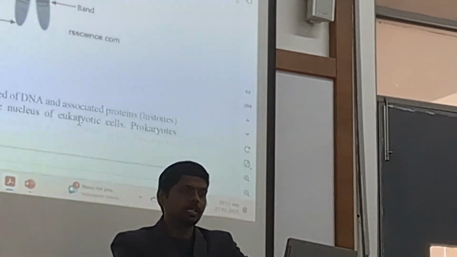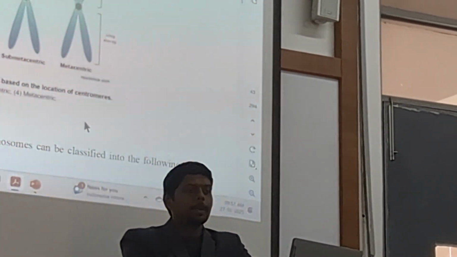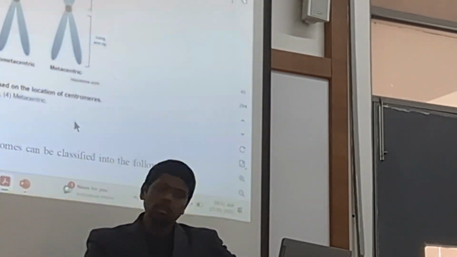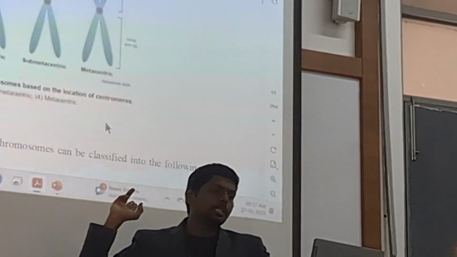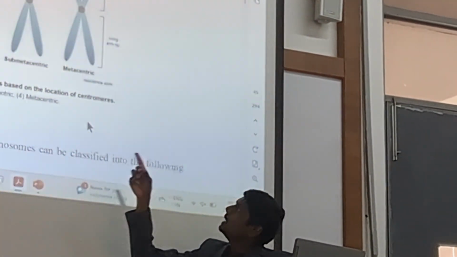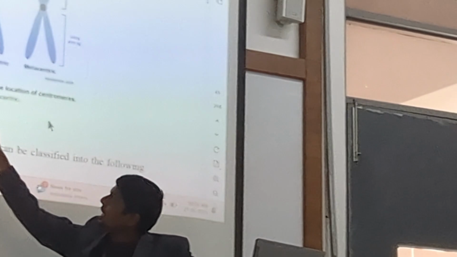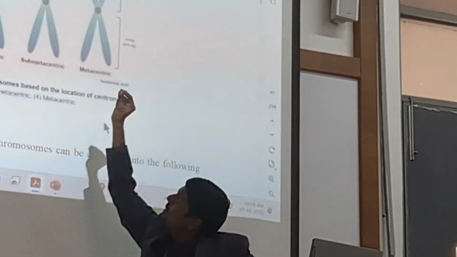I will show chromosomal abnormalities. This is a normal chromosome, you already know. Chromosomes also have various names: telocentric, acrocentric, submetacentric, and metacentric. Why is this important? Because each chromosome number has its own location of the centromere.